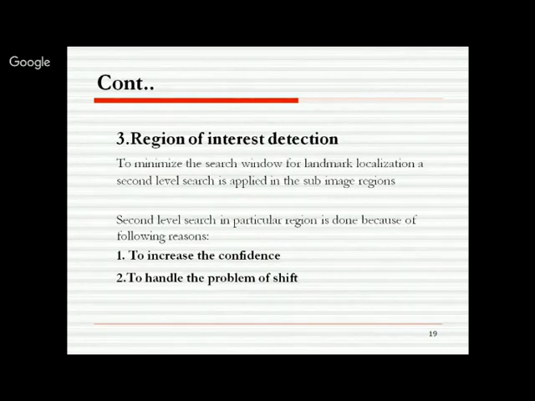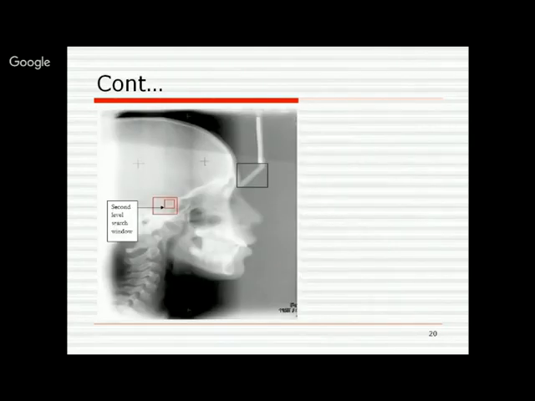So what we do, we try to locate those points. How? We further divide the region, say region 3 or 4, where we had a landmark, Sella. Within that region, we try to make a sub template so that within that template we'll find out where a particular structure is.